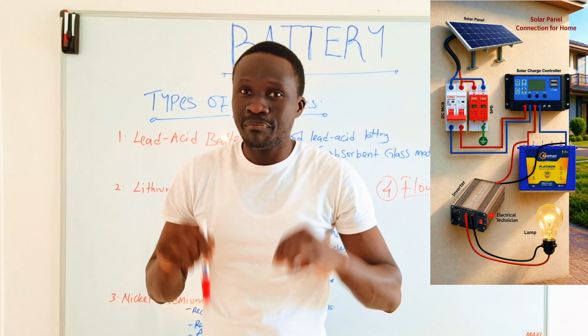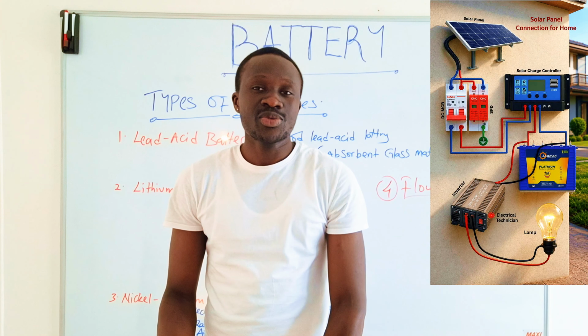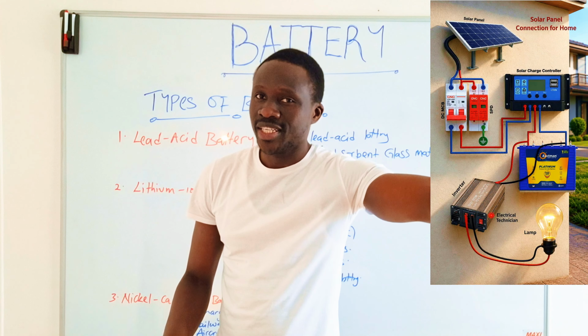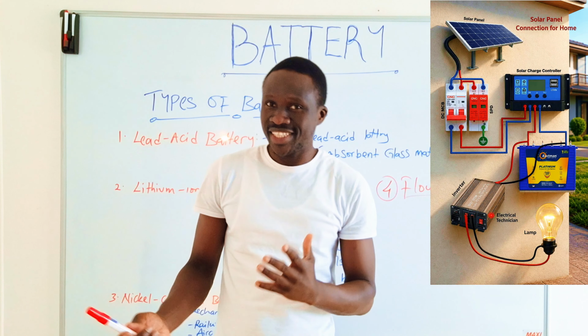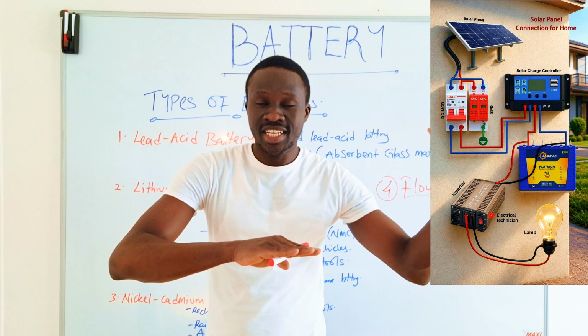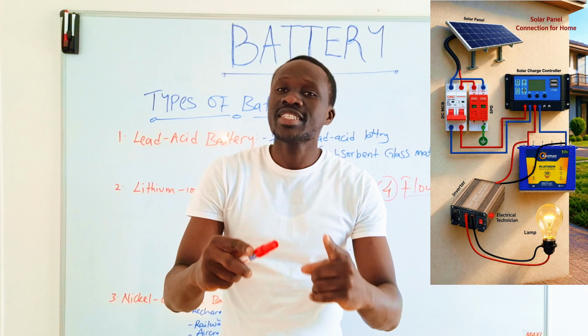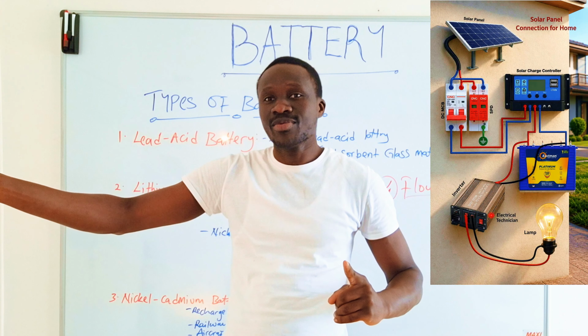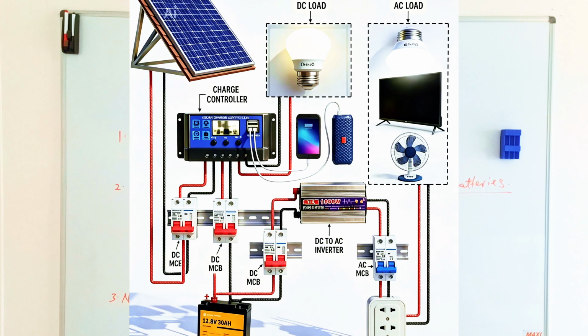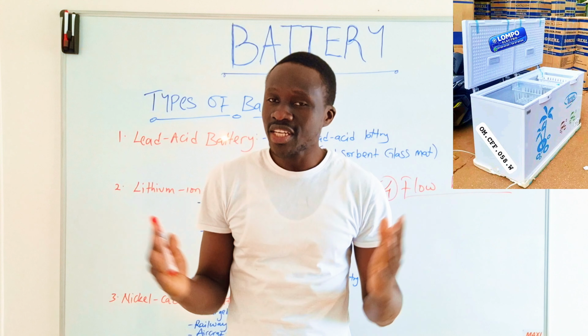The regulator picks power from the battery, then sends it to the load. That's how we connect it: from the panel to the regulator, from the regulator to the battery, then from the battery to the regulator, then from the regulator to the loads. The loads are the TVs, the fan, the lights, the fridge.